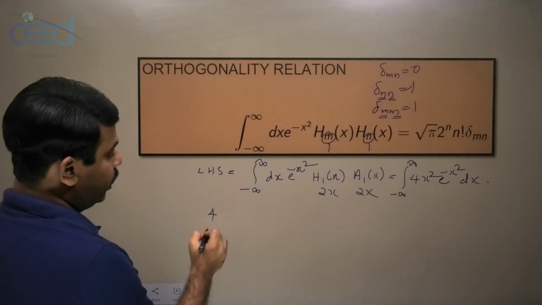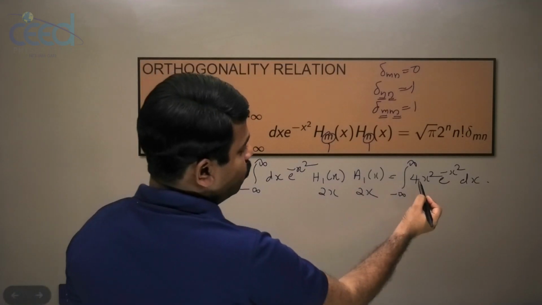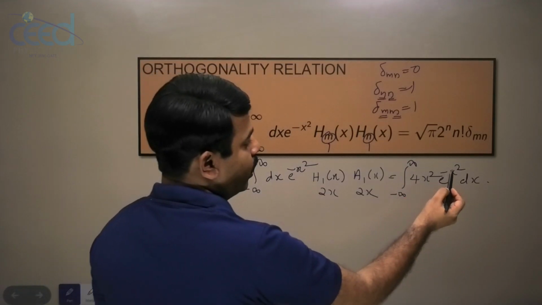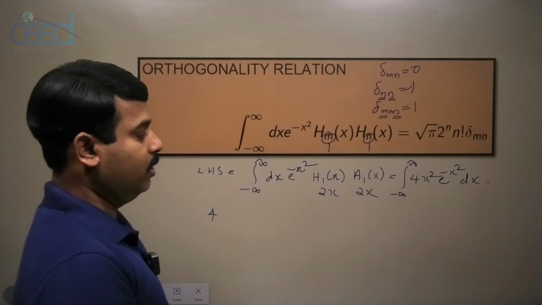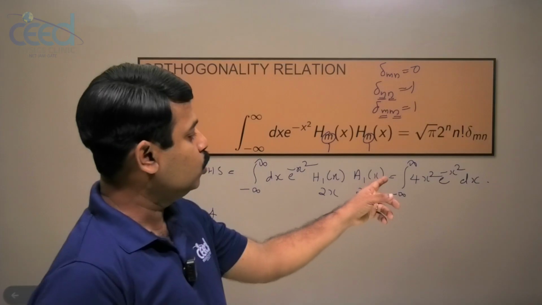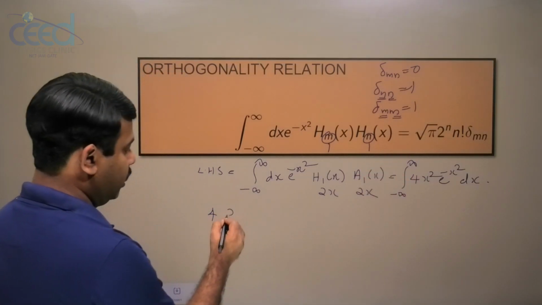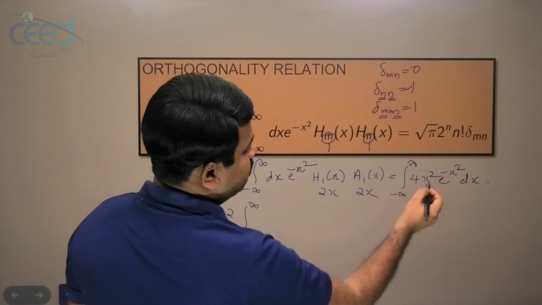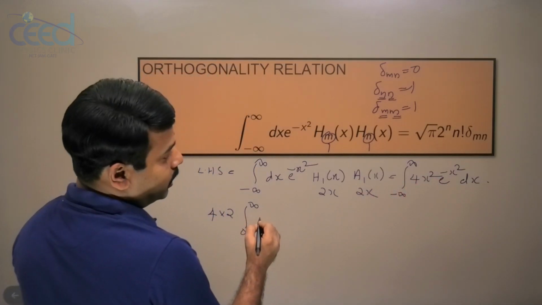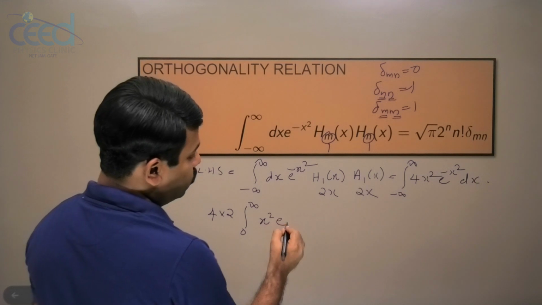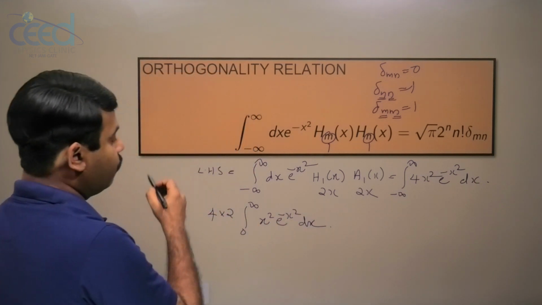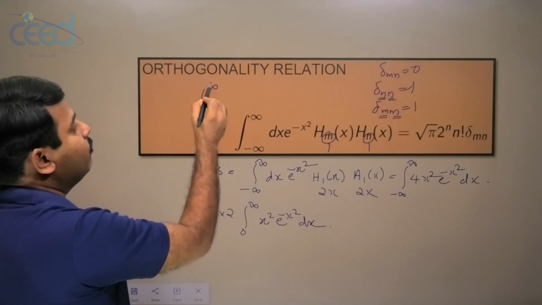That is 4 into this, e raised to minus x square is an even function, right. This variable has a square, that means it is an even function. Even function means I can write 2 times the integral from 0 to infinity of the same value, that is x square e raised to minus x square dx. Now I am writing one formula, the integral from 0 to infinity.